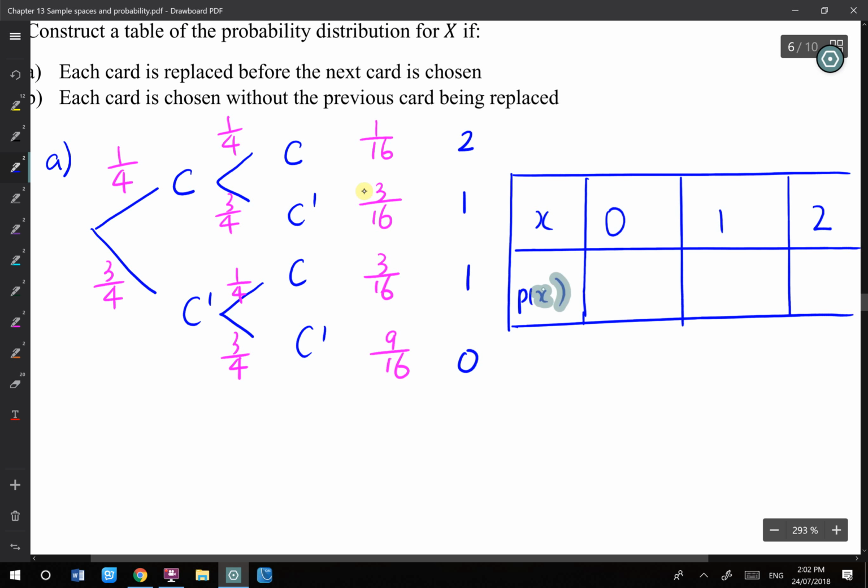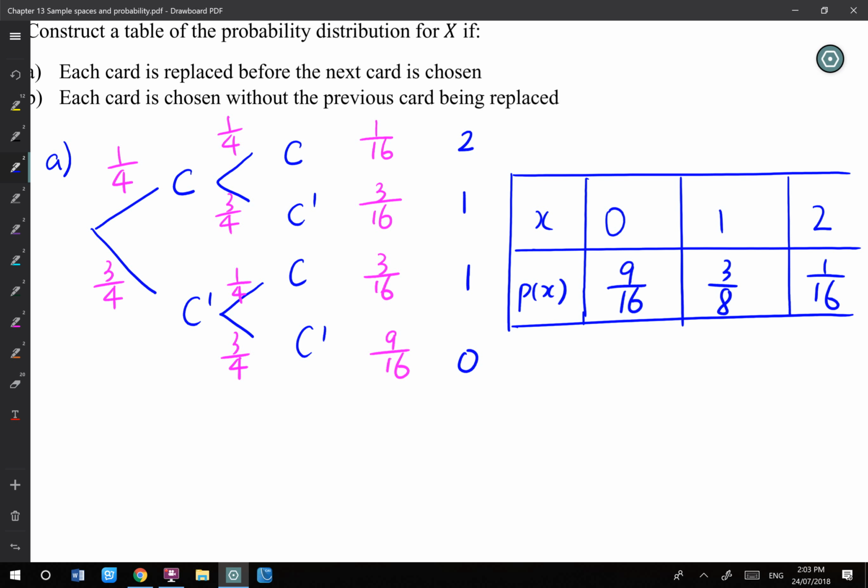So for P(X=0), I have 9 on 16. P(1) is the middle 2 added together. It's 6 on 16, that's 3 on 8. And for x equals 2, I have 1 on 16 because there are 2 clubs. Okay, A is easy.